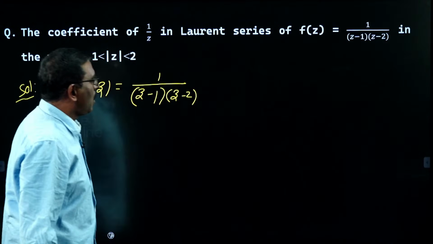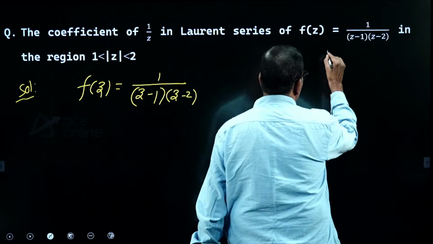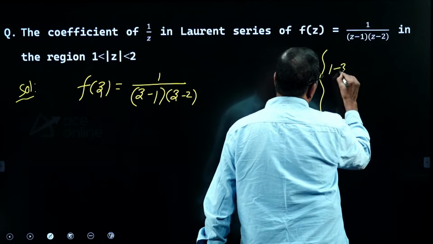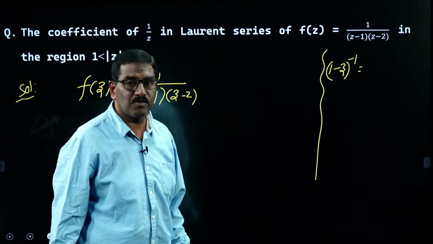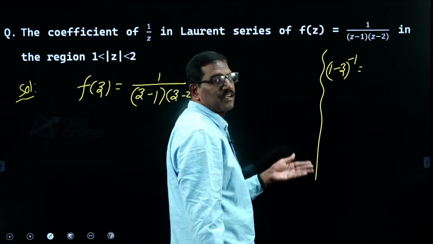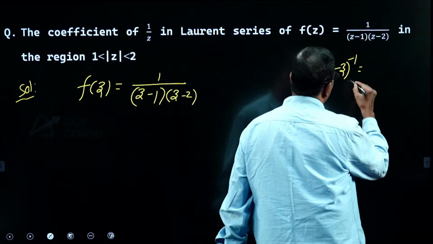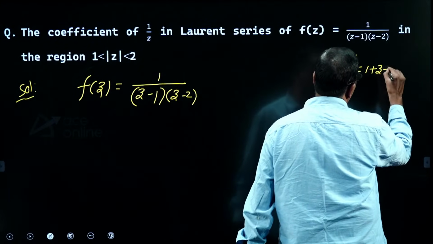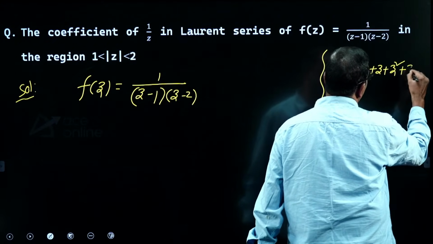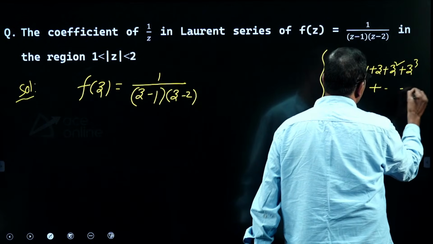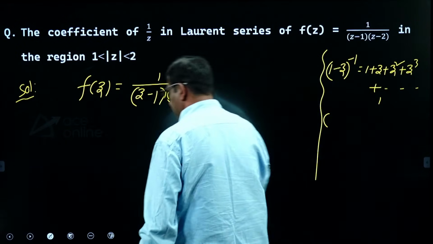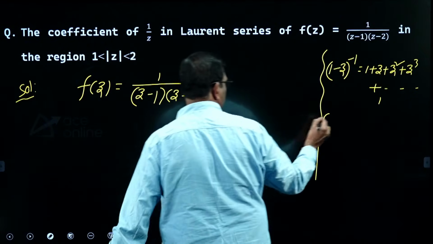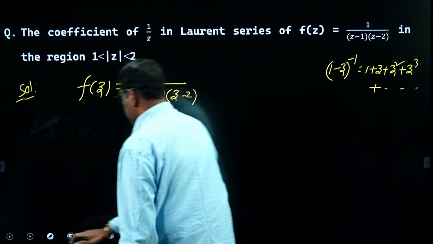But already you know some standard forms. The standard form: in the Taylor series expansion, (1 - z)^-1 = 1 + z + z² + z³ + and so on, an infinite series. So, this is valid. What is the region of convergence for it?